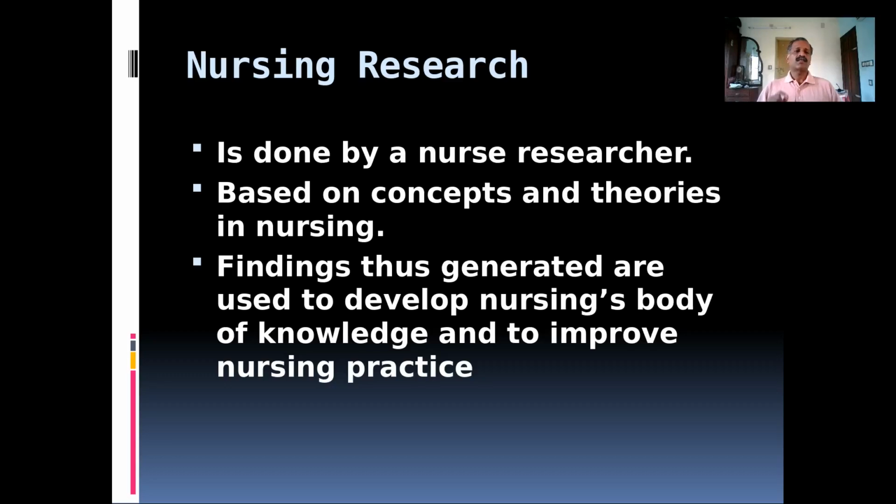The second characteristic is it is based on concepts and theories in nursing. And the third conclusion is that the findings generated are used to develop nursing's body of knowledge and to improve nursing practice.